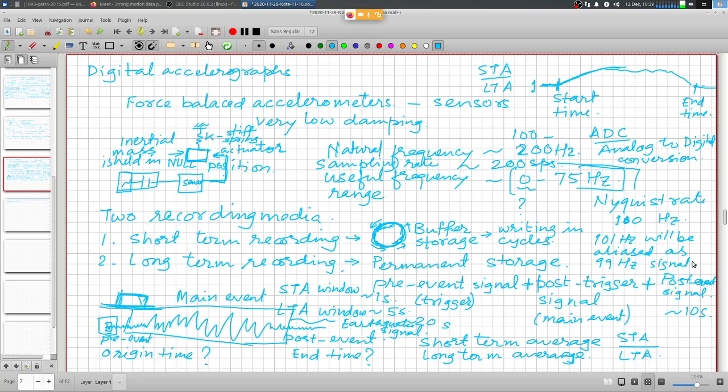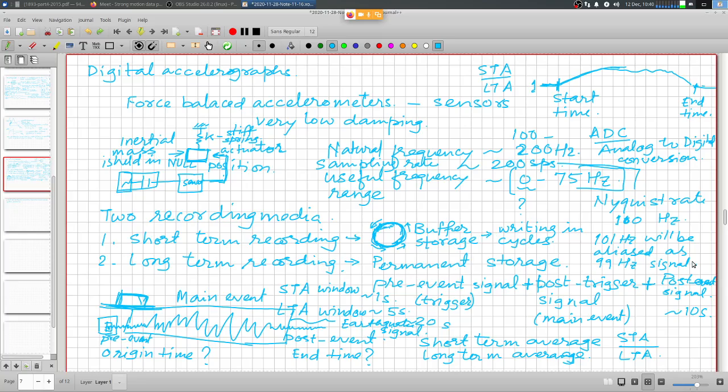So in a way that will again distort the signal. What we are recording is not really the true picture. If 101 hertz comes around as 99 hertz, or whatever frequency in the lower frequency range, then obviously it's not representing the true picture of the lower frequency which we should get.